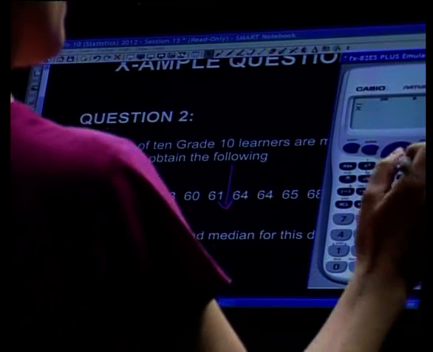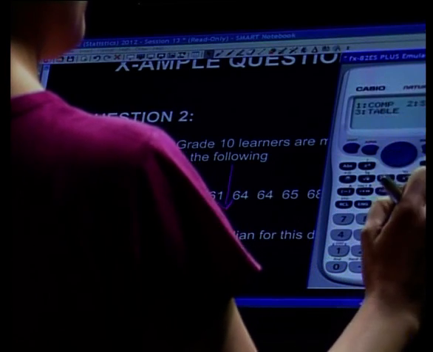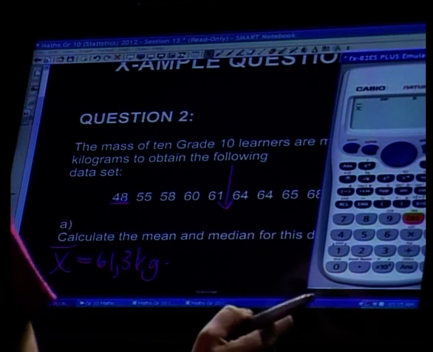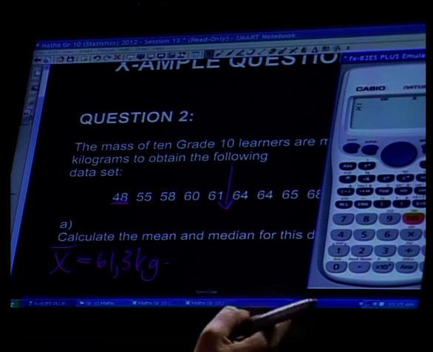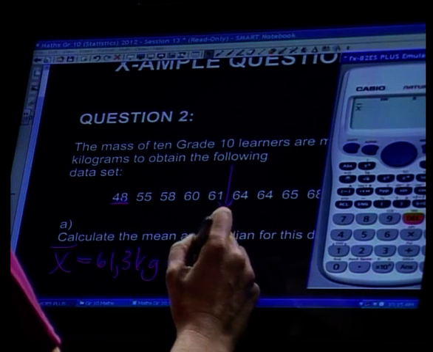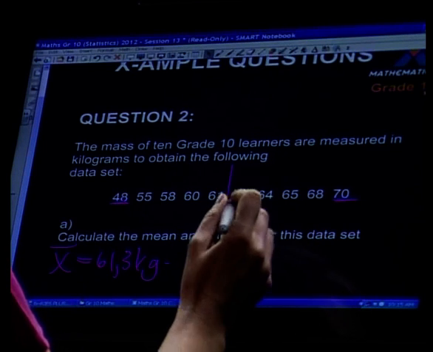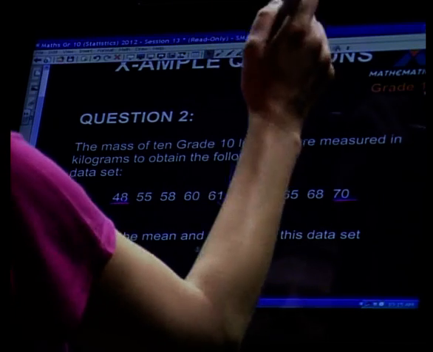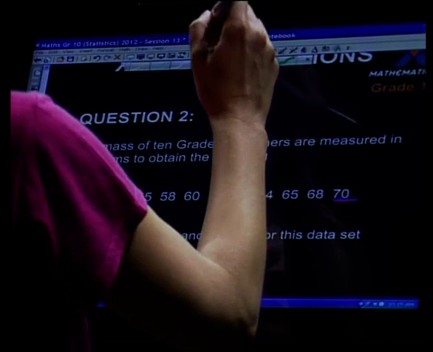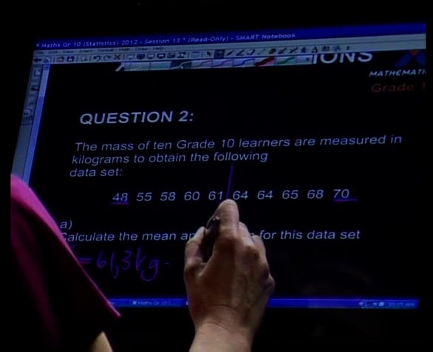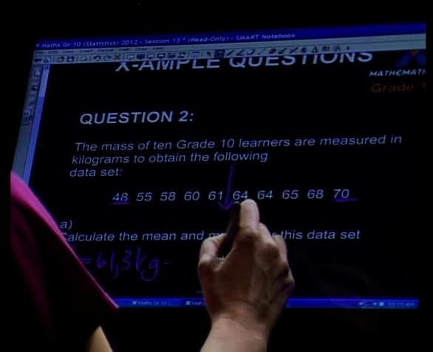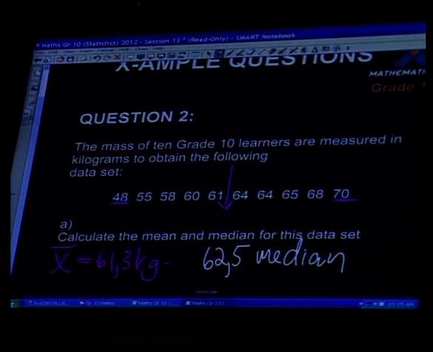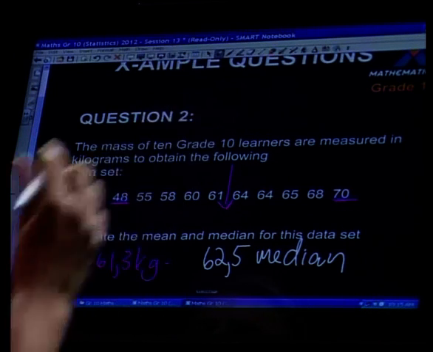So halfway between 61 and 64 will be 125 divided by 2, so that's 62,5. And that is my median. There's no special sign to indicate that I'm calculating the median, so just write that down.